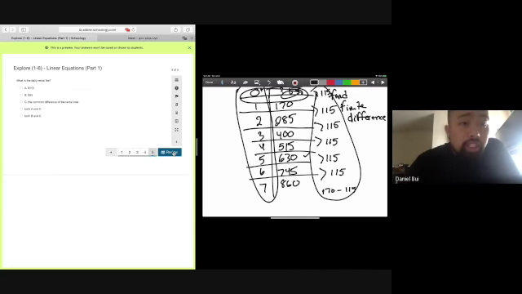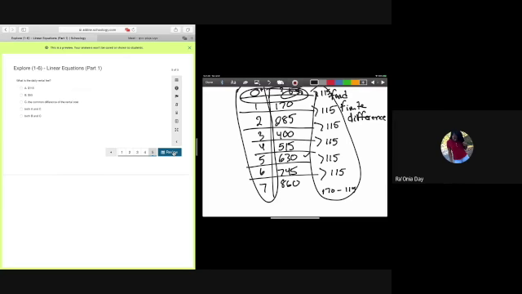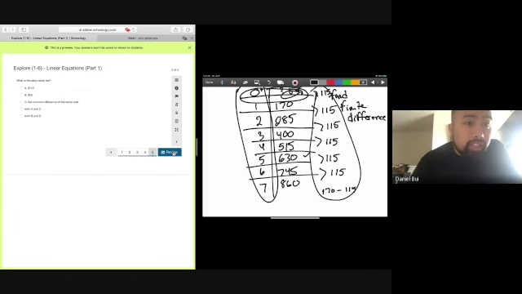So how much is the daily rental fee? $115. Let's look at C. It says the common difference. What is the common difference of the rental fee cost? So it is that for sure.